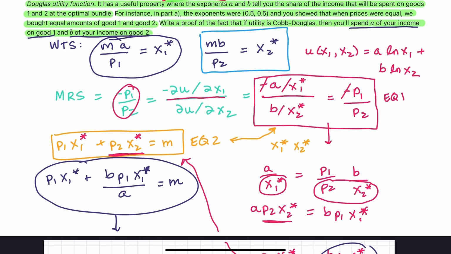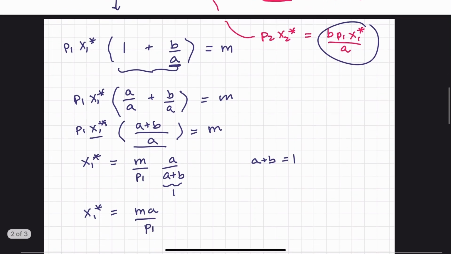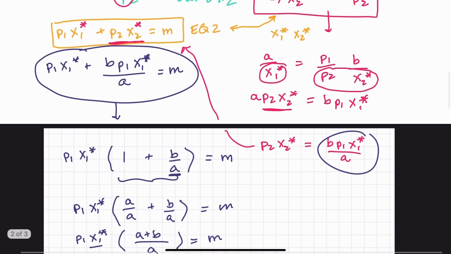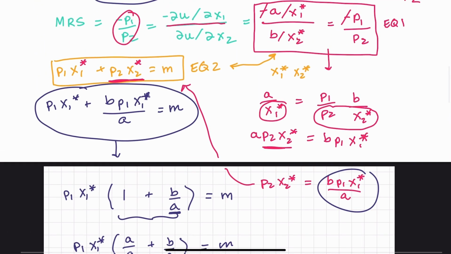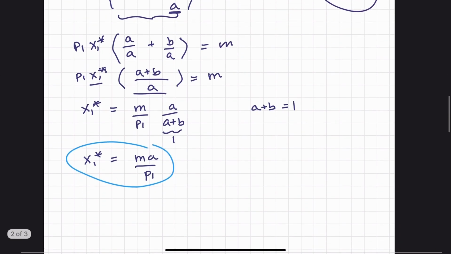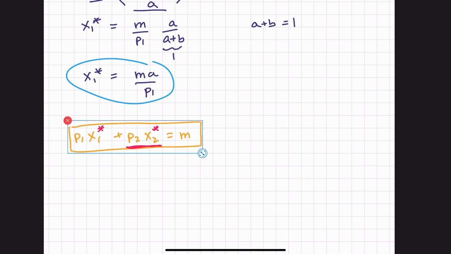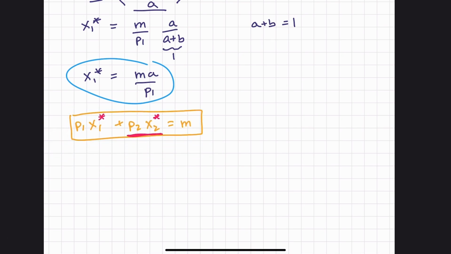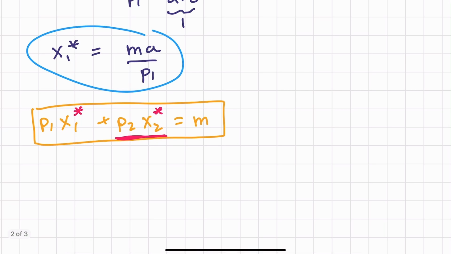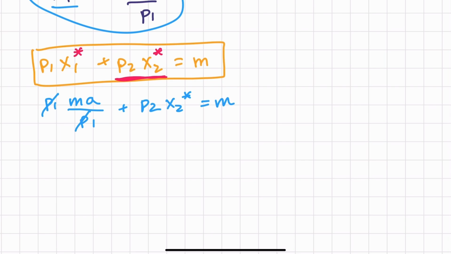Now let's work on showing that this is true. Let's go back to solve for X2 star. So we have this for X1 star. Let's go back to our budget constraint and put that in for X1 star to solve for X2 star. So we're going to have P1 X1 star, which is MA over P1, plus P2 X2 star equals M. The P1s cancel here.